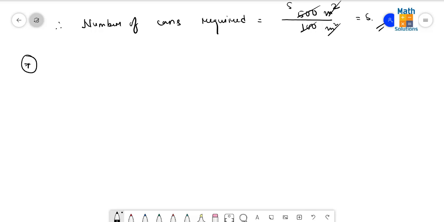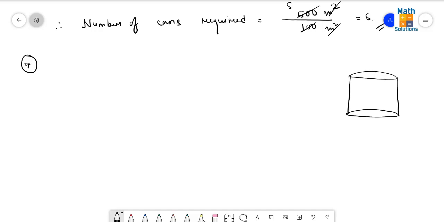So here in this case, a cylindrical tank is given. Of course it is closed. Since it is closed, the total surface area we need to find out here, because all the 3 surfaces of the cylinder will be covered by metal. So this is the figure, say this is the cylinder, 3 surfaces are there.